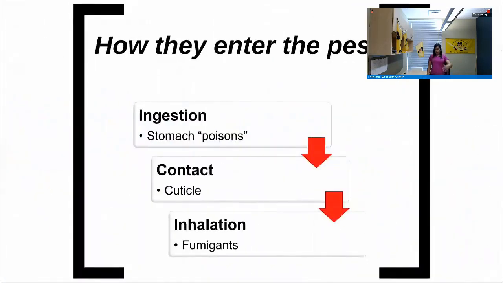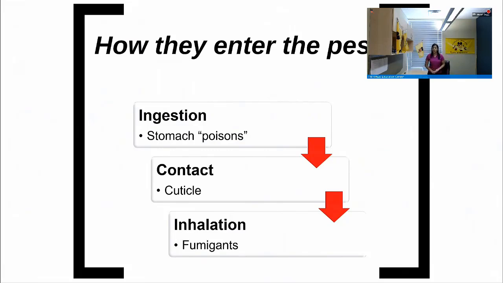So, we have pesticides that will enter the pest body in different ways. We have some that are ingestion products, so pesticides that the pest needs to ingest, eat, to actually act on them.